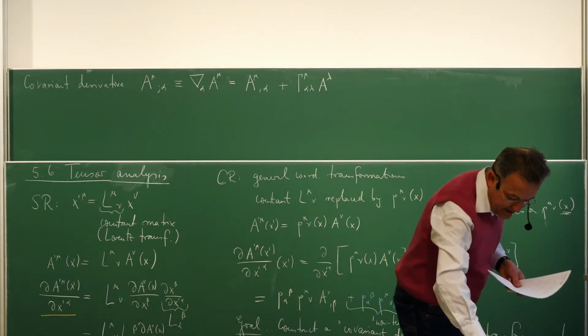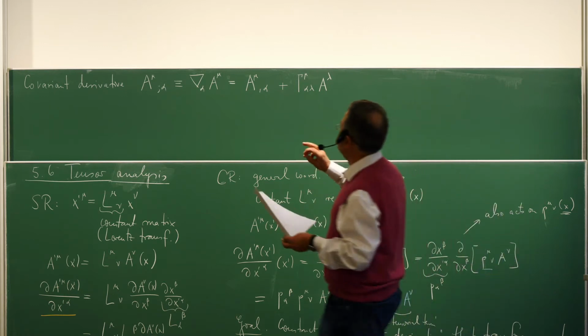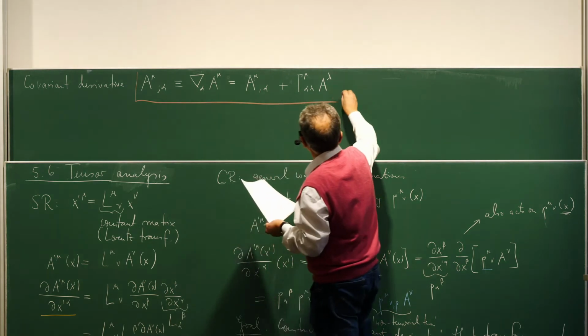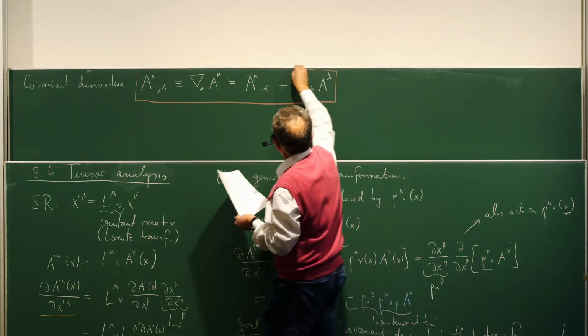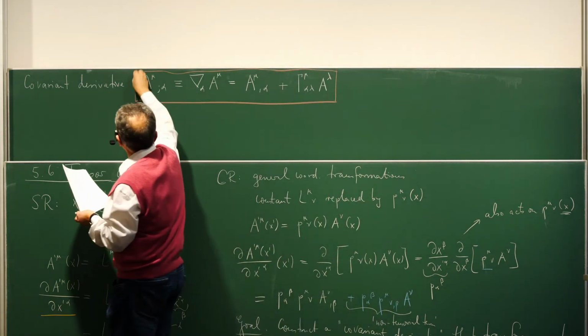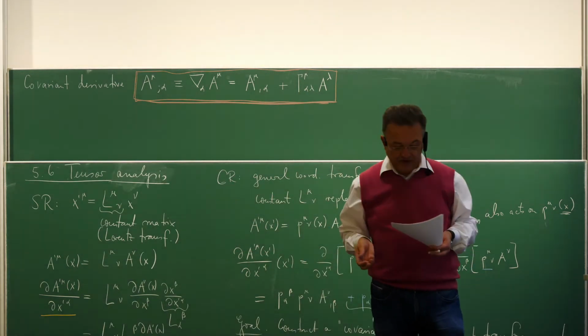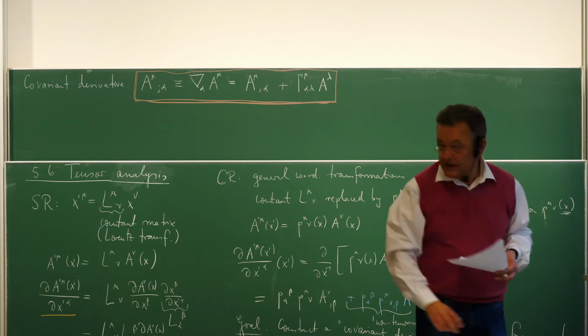And this is why we can take this as a candidate for a covariant derivative. So if we formulate laws with the help of this derivative, then we have a covariant equation.